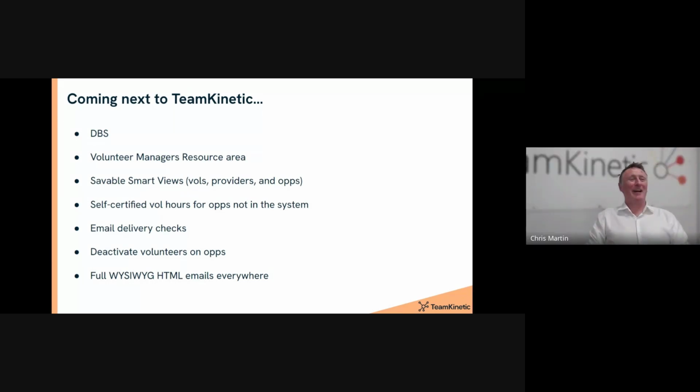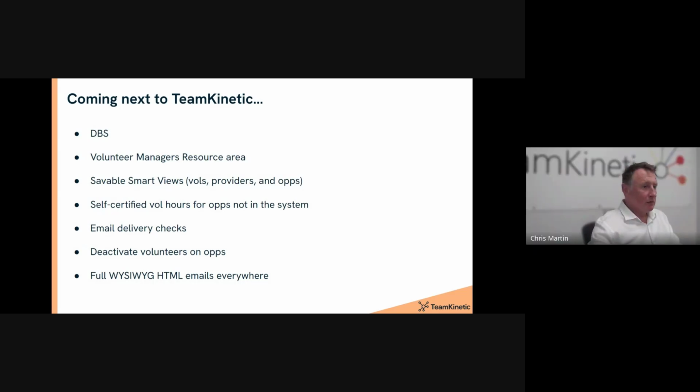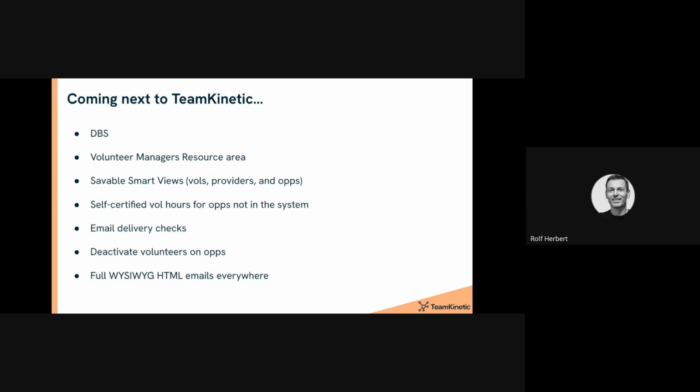Good question, Robin. No, that's a completely different issue. The problem we've got with HTML in opportunity descriptions and pages and things like that is it's prone to error and also malicious intent. There's something called sanitization, so you can sanitize the HTML to make it a bit safer, but it's difficult to get right.